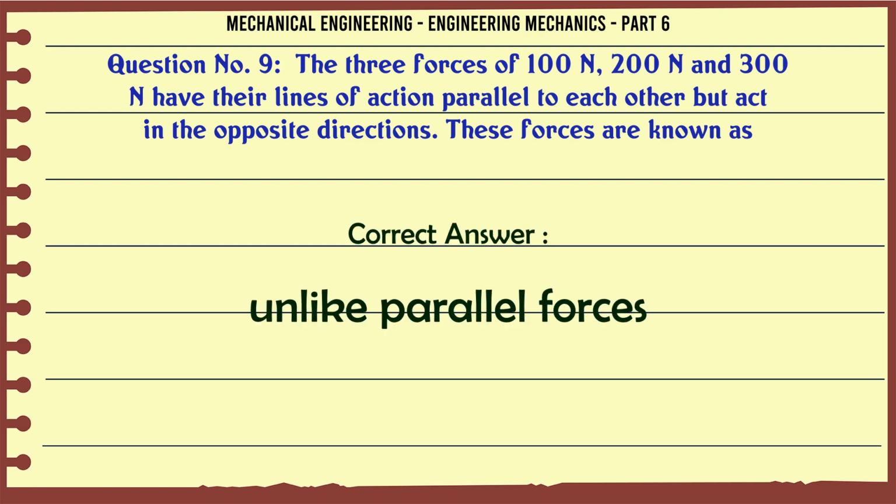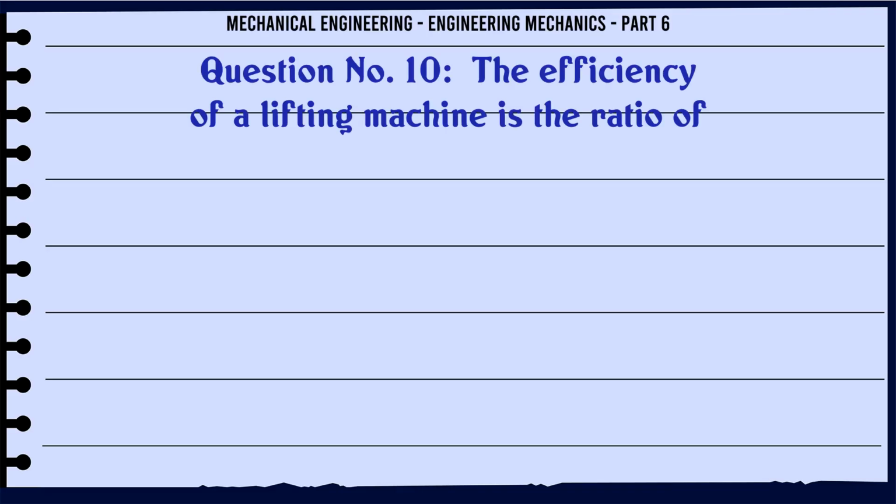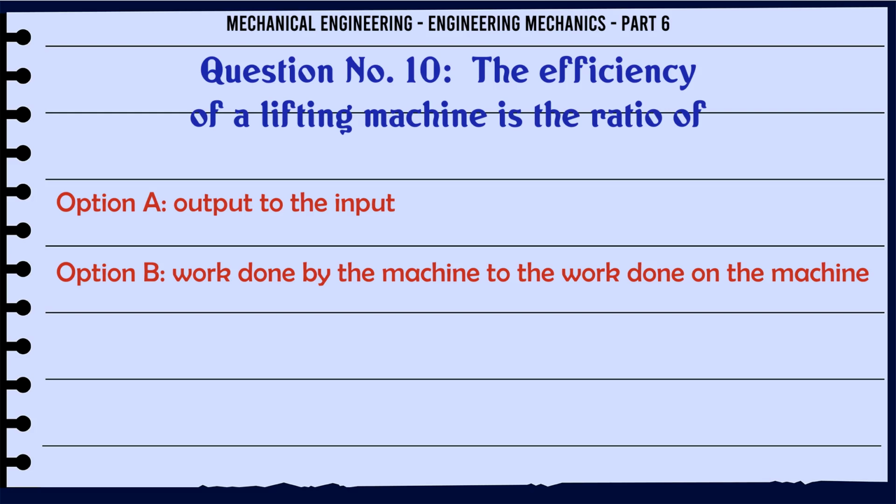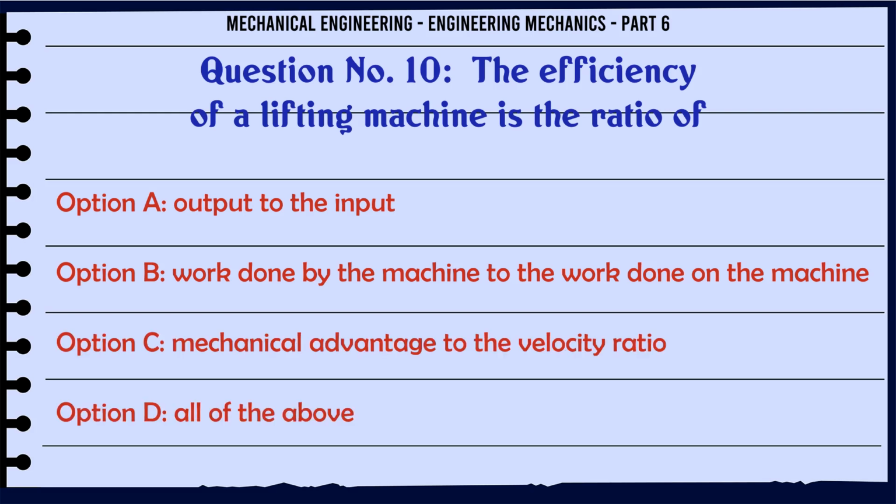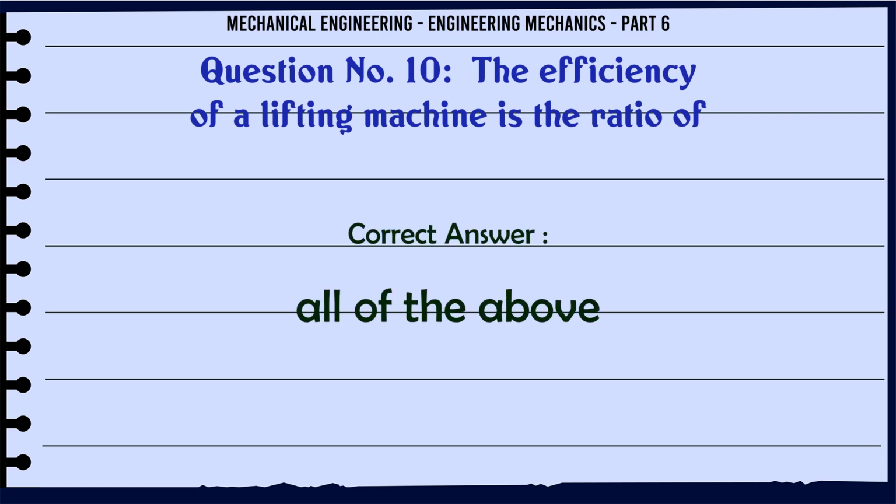The correct answer is unlike parallel forces. The efficiency of a lifting machine is the ratio of: A) output to the input, B) work done by the machine to the work done on the machine, C) mechanical advantage to the velocity ratio, D) all of the above. The correct answer is all of the above.